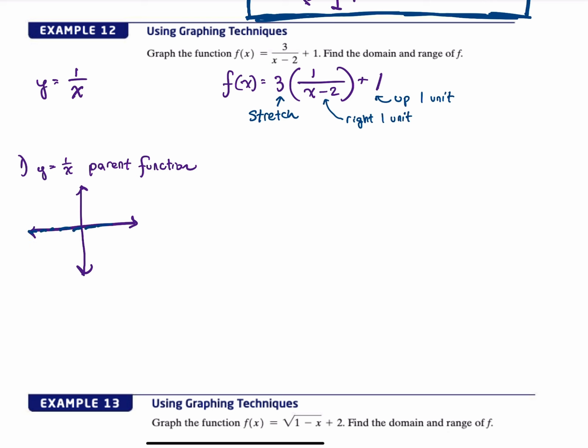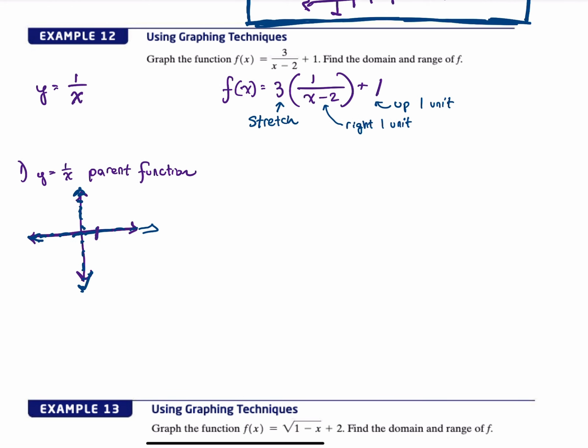We would be dividing by 0. And the function will never be equal to 0, at least in its current state, because there's nothing we can plug in that will make 1 over x equal to 0. And 1 over 1 is positive 1, and 1 over negative 1 is negative 1. So we get those 2 points.